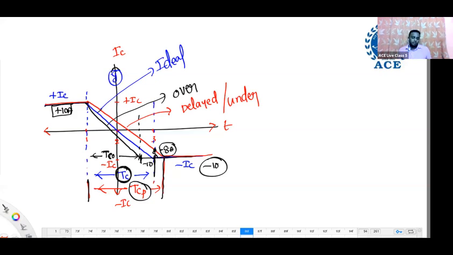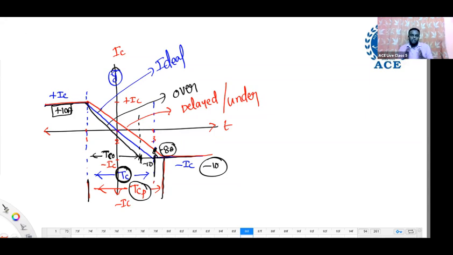Try to understand here. The commutator shifted from segment A to segment B in 10 millisecond. So in that 10 millisecond, how much current is reversed? Up to 8 amps only. The total 10 amps is not reversed.